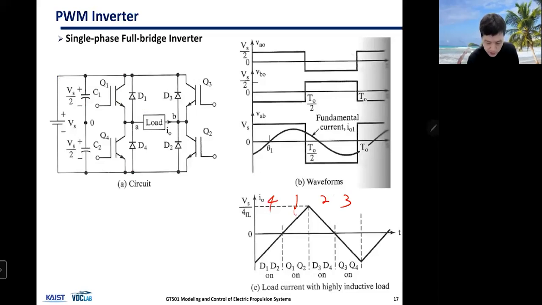Okay, so for the second phase, now you have these switches open, and the current that was flowing is now redirected this way, which is driven by this capacitor. Okay.